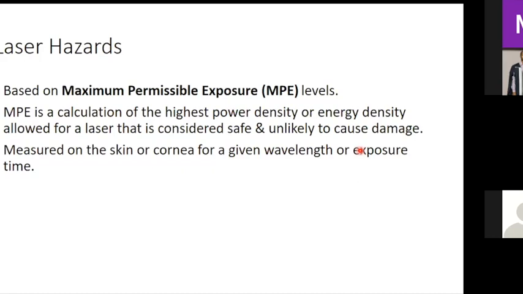So it's the calculation of the highest power density or energy density allowed for a laser that is considered safe and unlikely to cause damage. That's how you measure the hazard posed by a laser, using the MPE. This is measured on the skin or on the cornea for a given wavelength or exposure time.